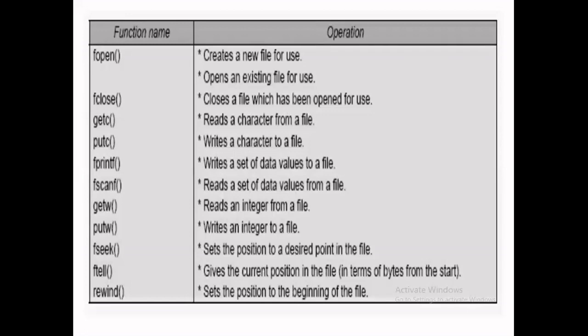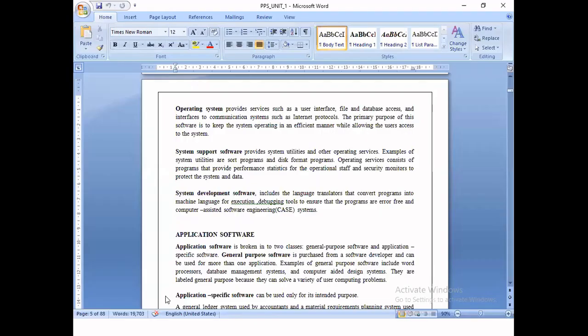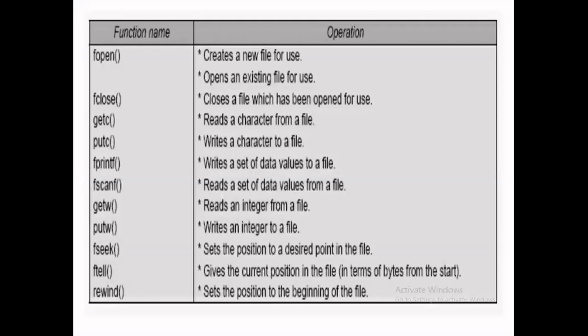Next, putc. You can open that file. What file is open? PPS first unit is open. That is our first operation. Next, getc: you can access each and every character from the file. Next, any modification you are finding, then you can modify.